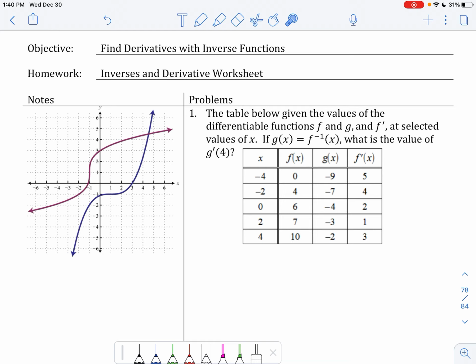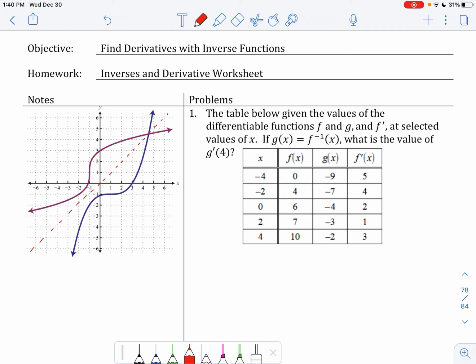So here, we're going to talk about a little quick review of inverse functions. So when we talk about inverse functions, we're switching the x and y terms, if you remember. And what's important when we talk about the graphs is that if I have two functions here, they are inverses because they are reflected across the line x equals y, right?